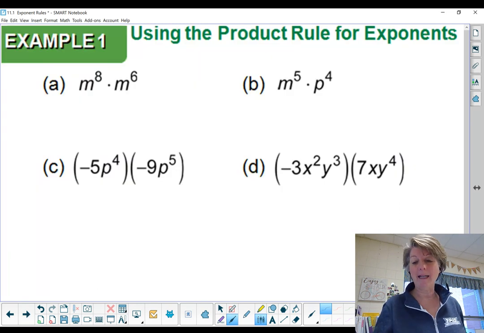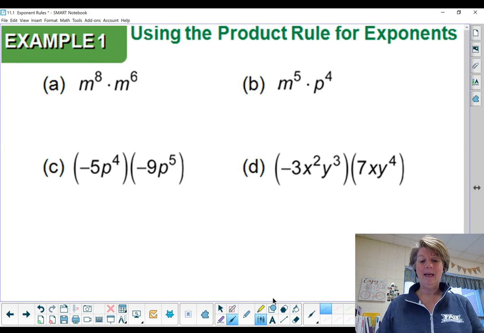So let's get started. We've got 5 examples. We're going to do examples 1 through 5 today, so you can kind of see we're going to be basically covering the first side of the notes page today, and then tomorrow we'll hit the rest of it.